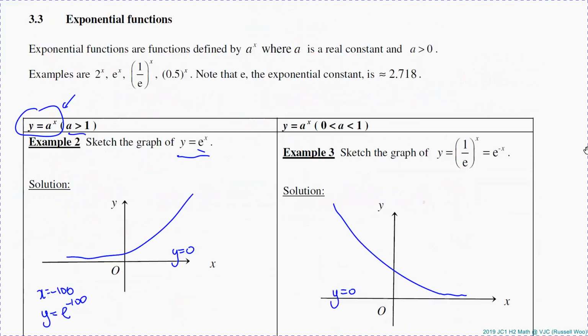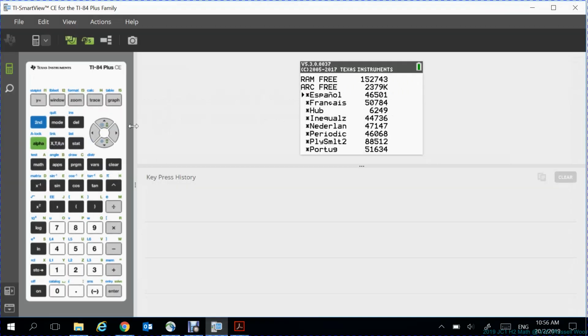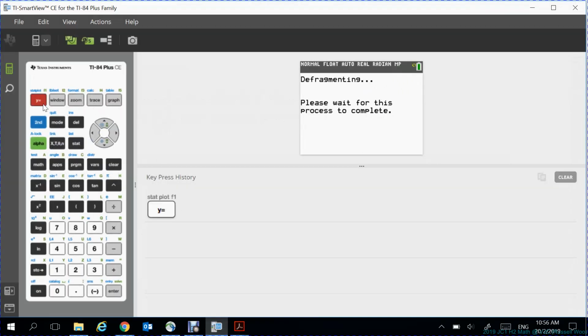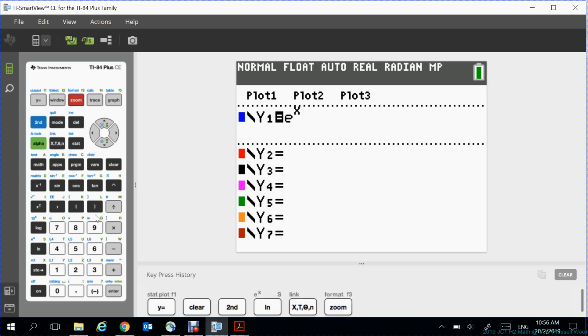Now I just want to show you. If you sketch this on your GC, let me do the GC. If you do this on your GC, you sketch e to the power of x.